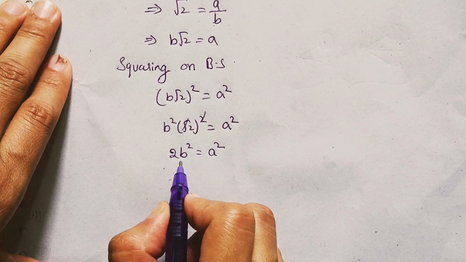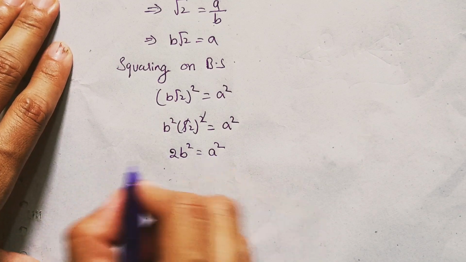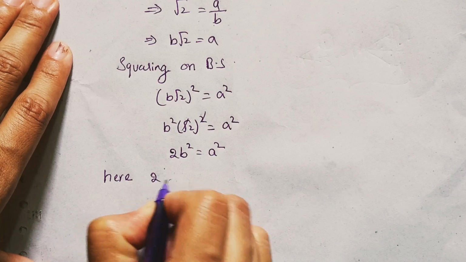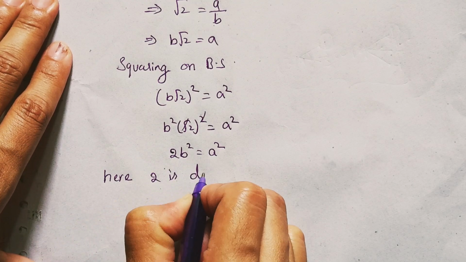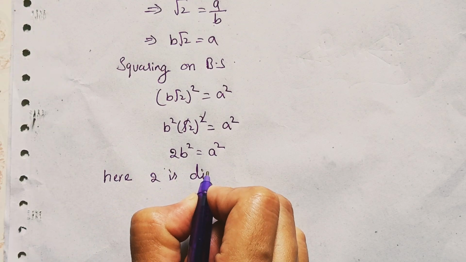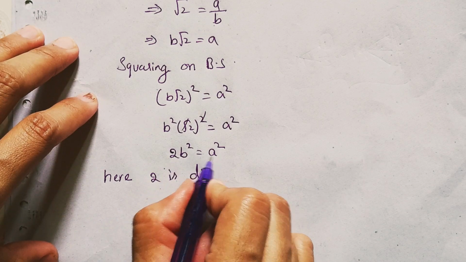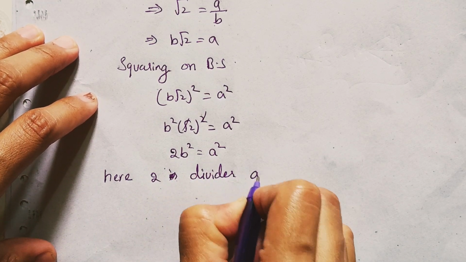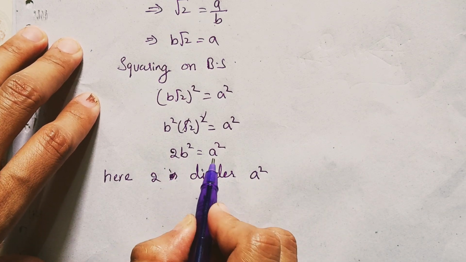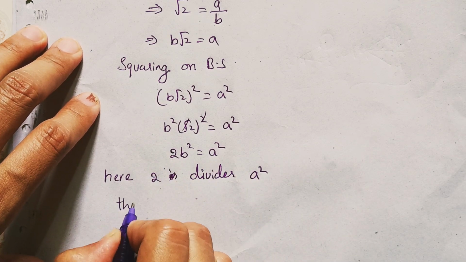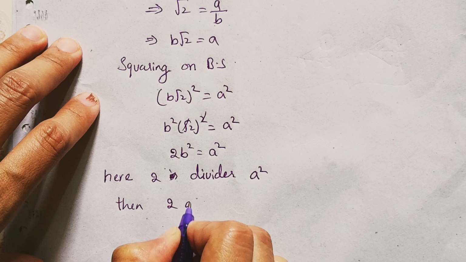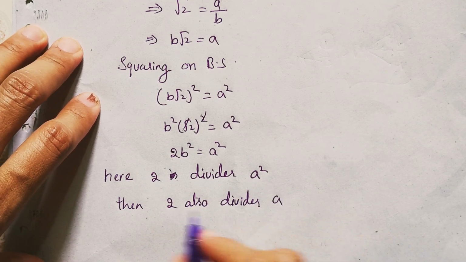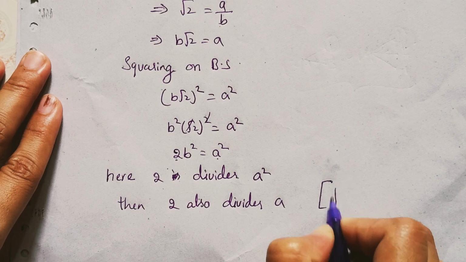So if you observe this, we can say that 2 is dividing a square, which means 2 divides a square. If 2 divides a square, then 2 also divides a. How am I saying this?